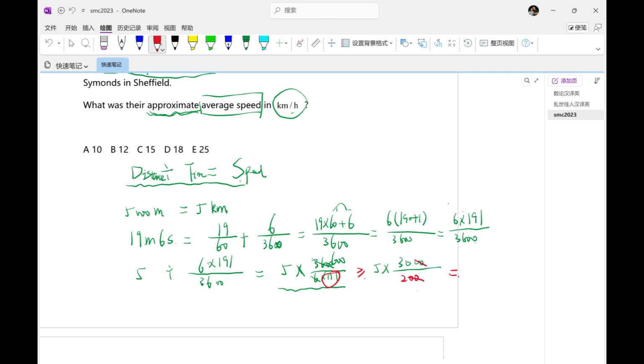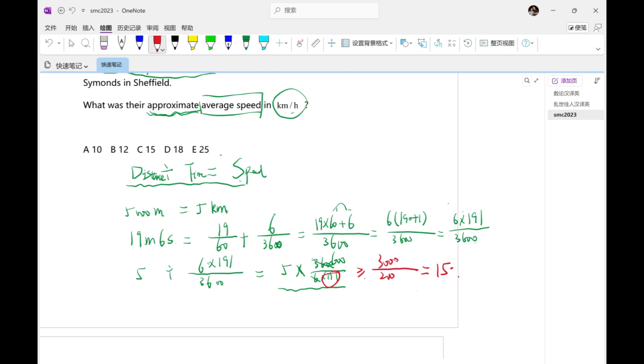That equals 15. So the final result is option C.